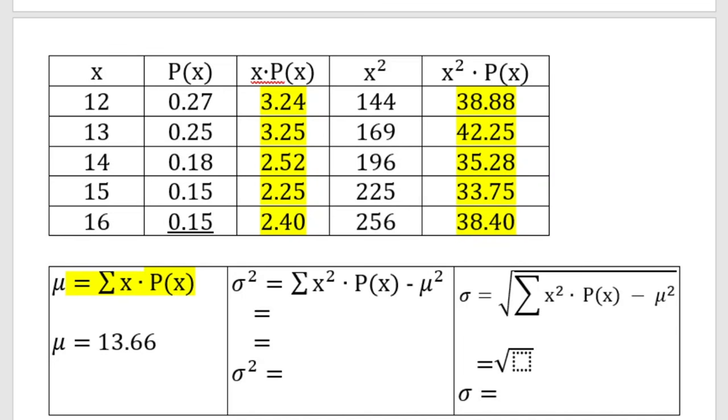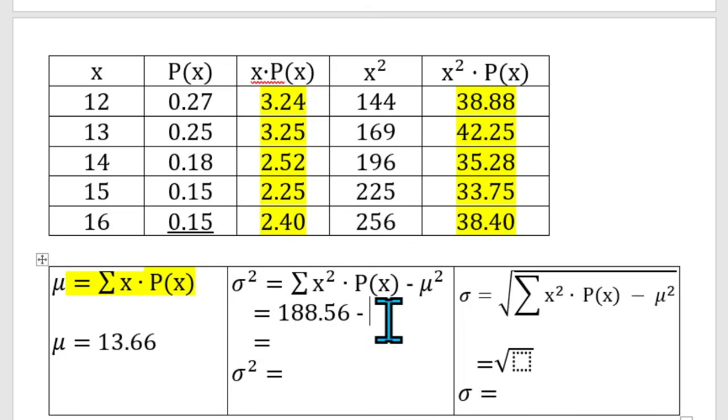And the sum will be substituted in this formula, which is equal to 188.56. That is the summation of the products of the squares of each possible value and its corresponding probability.